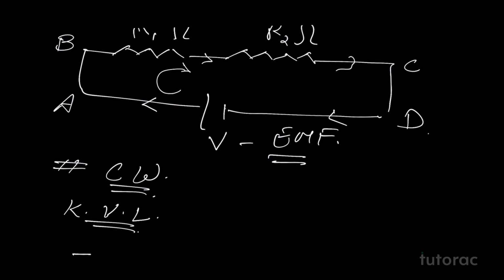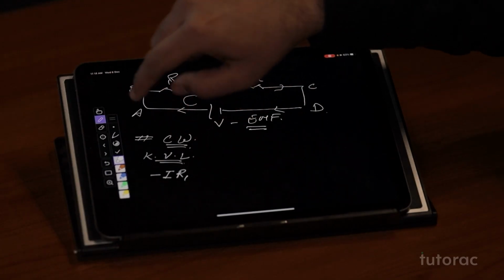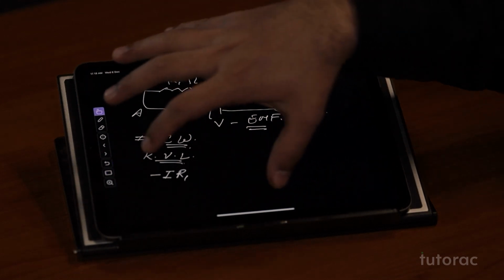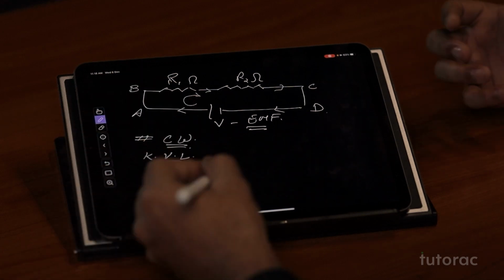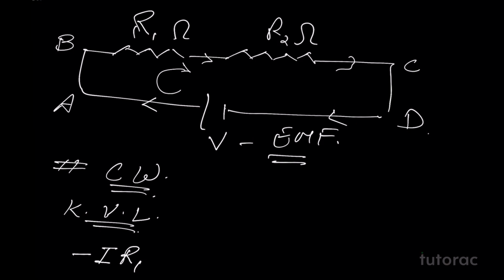I lose the energy, that is minus I, letting I be the current, times R1. This is the energy I'll lose. Again, you can see this is also in terms of voltage, so voltage is actually the energy. So minus IR1, then again I'll lose the energy, that is IR2, so I'll write it again in the negative way.